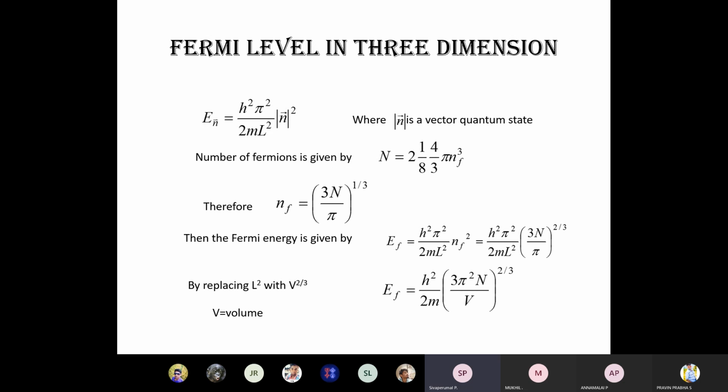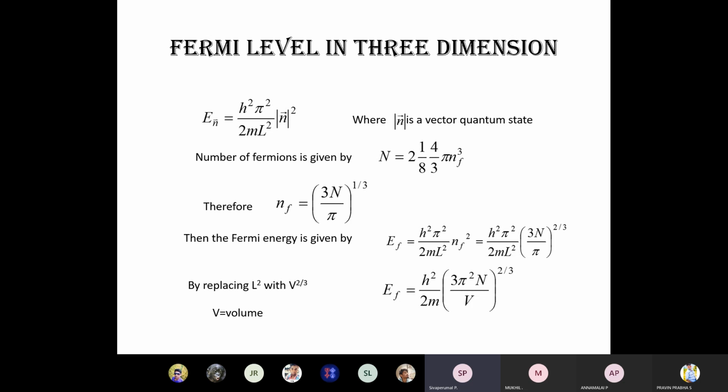When you go for dimensions, the structure is oriented either in 2 dimensions or 3 dimensions. When we discuss the Fermi level in 3 dimensions, the equation is represented in vector format.